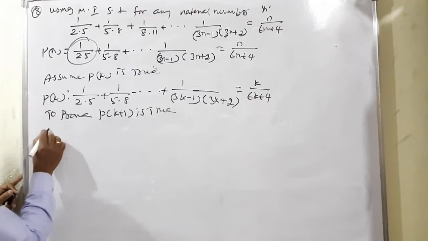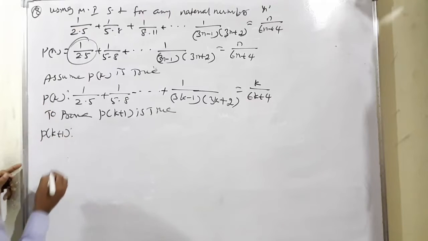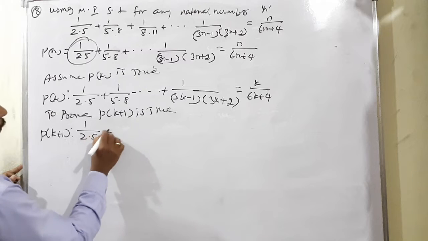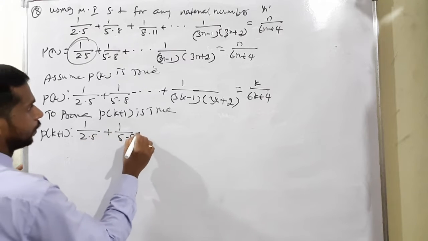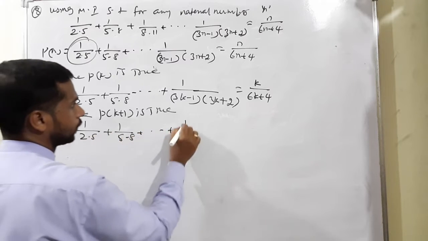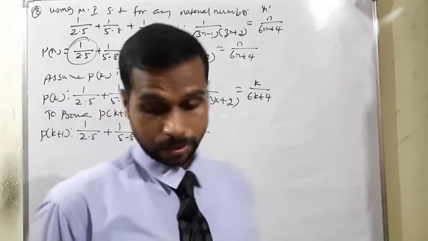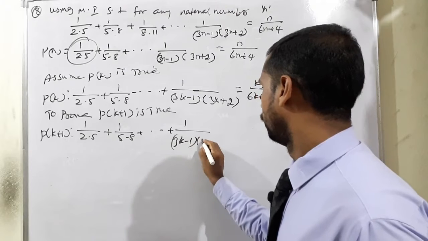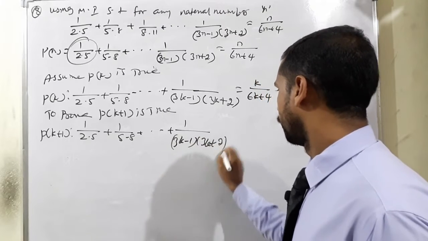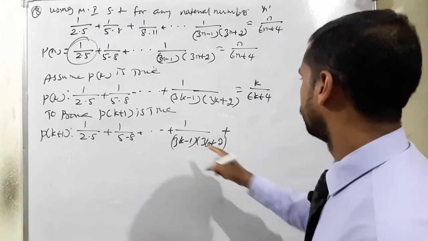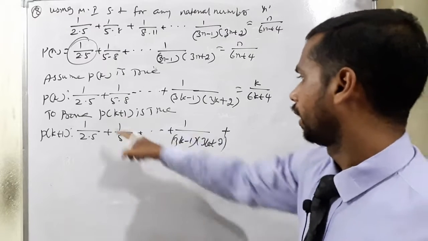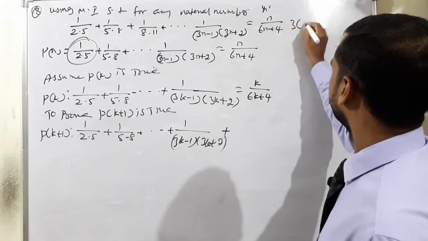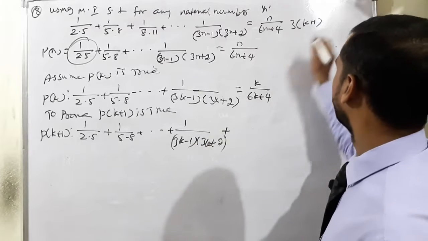P of k plus 1 is true means 1 by 2 into 5 plus 1 by 5 into 8 plus, first one as it is. What is the term there? 3k minus 1, then 3k plus 2, then plus the first condition: instead of k take k plus 1, which means 3 into k plus 1 then minus 1.